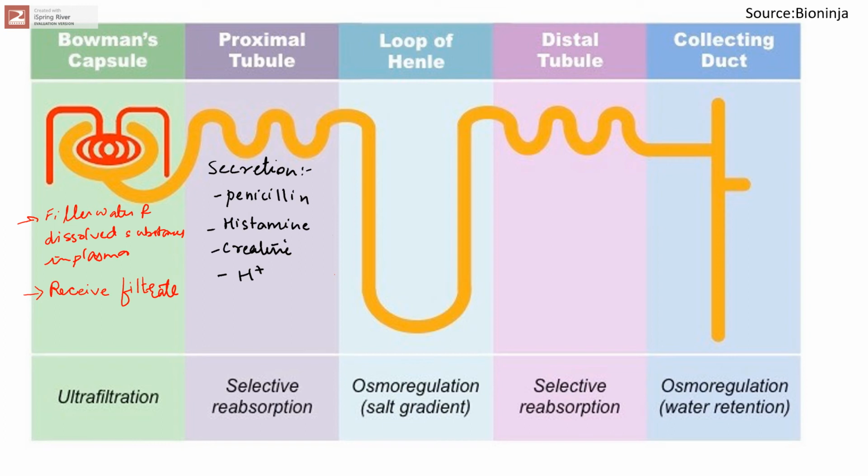Now moving on to the next region, the loop of Henle. Loop of Henle is very important in maintaining osmolarity. The descending loop that goes down is called the descending loop. The main function of the descending loop is to reabsorb water.